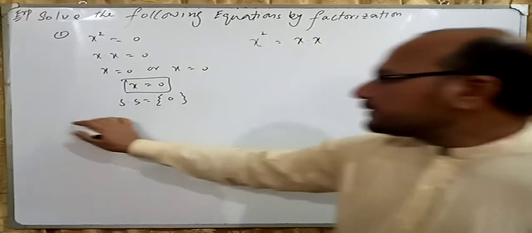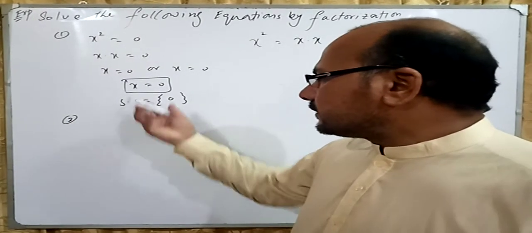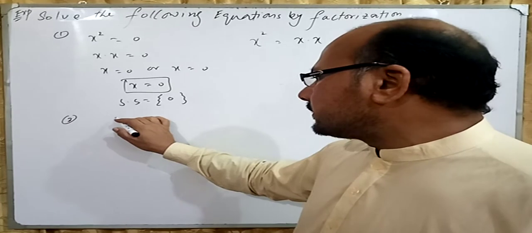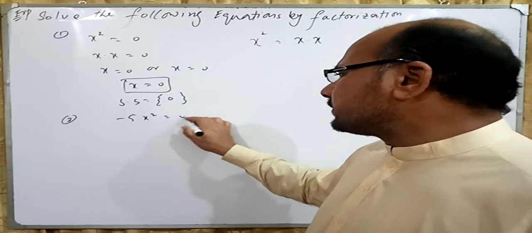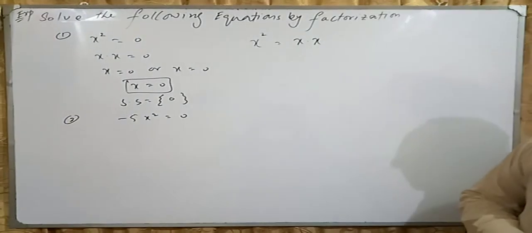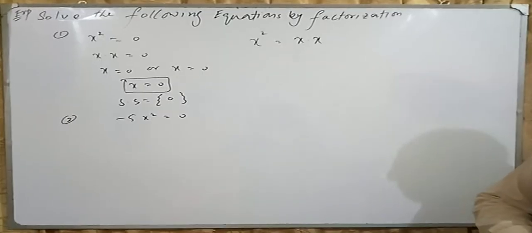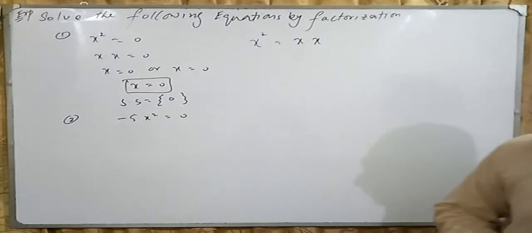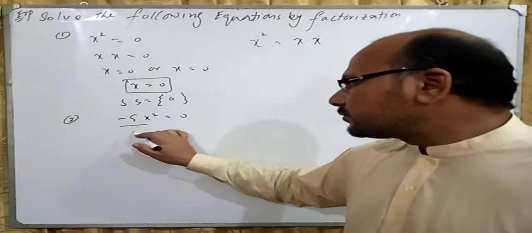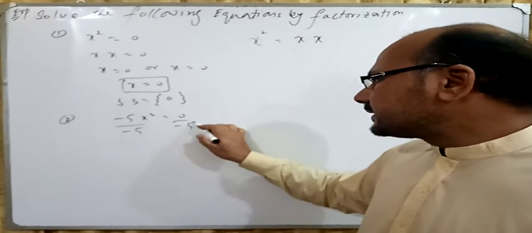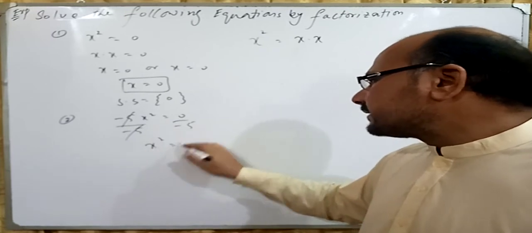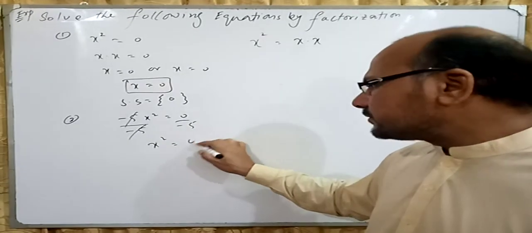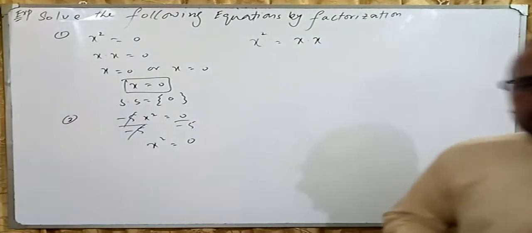In case if we have another single term like suppose we have minus 5x square equal to 0, like this. First we have to remove the coefficient of x square, so divide both sides by minus 5. These two will cancel. x square equal to 0 divided by anything equal to 0, so again it will become like the first one.